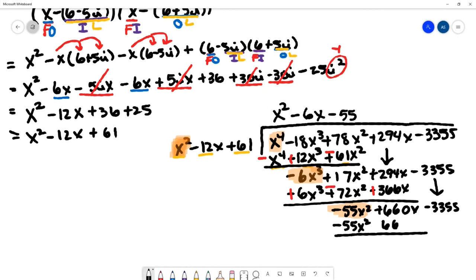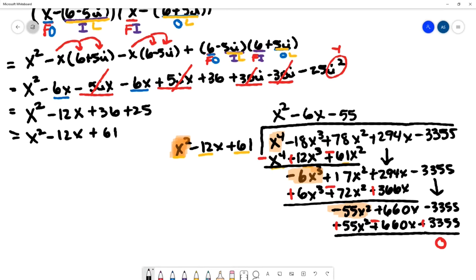We've got 660x, and that is a positive, and 55 times 61 will give me the 3,355, and that would be negative. We would change the signs, and all of these zero out now. We get a remainder of 0. So we were able to divide that out.